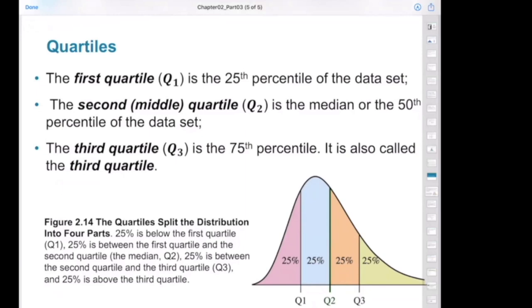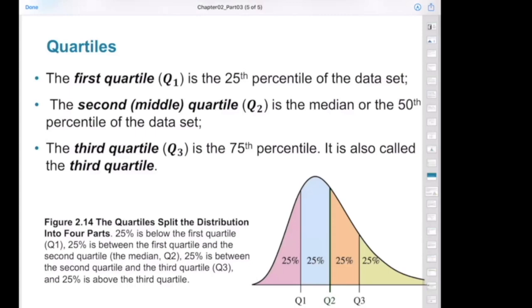Each area is equal to 25% of the data. Okay, as you can see here in this distribution, in the middle you have Q2, the second quartile, or the median. Q1, the first quartile. Q3, the third quartile.